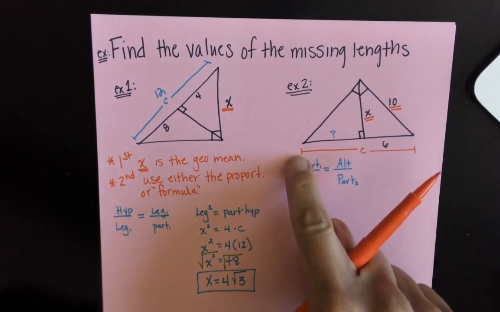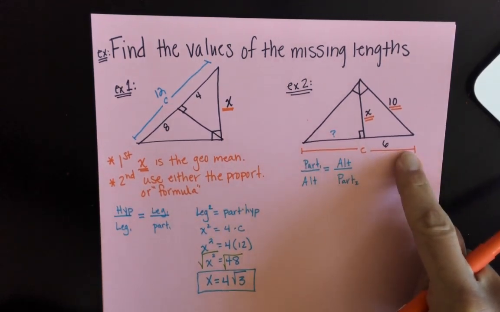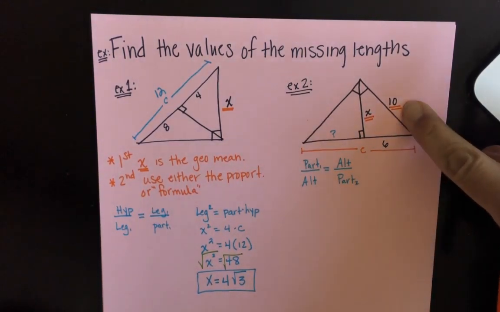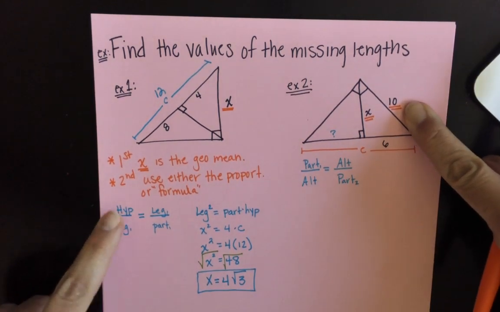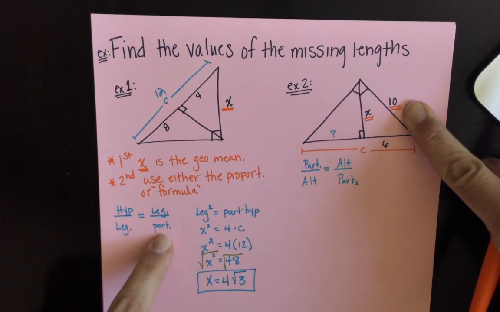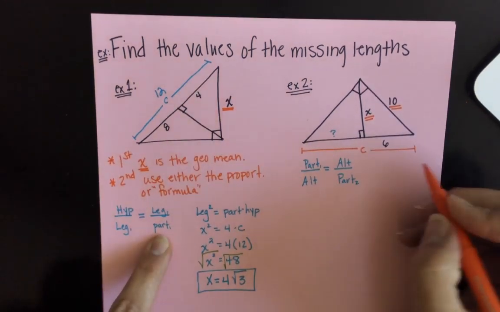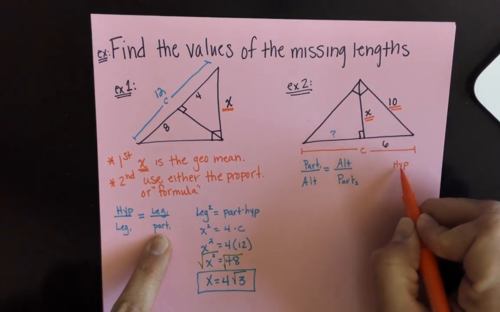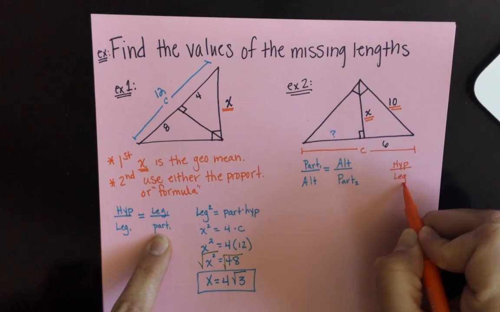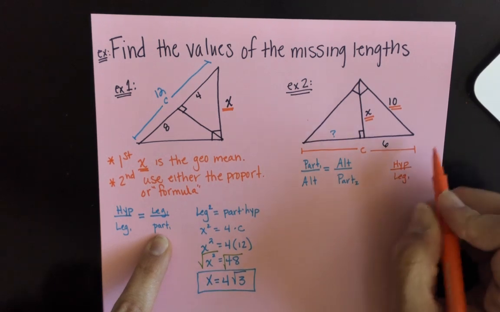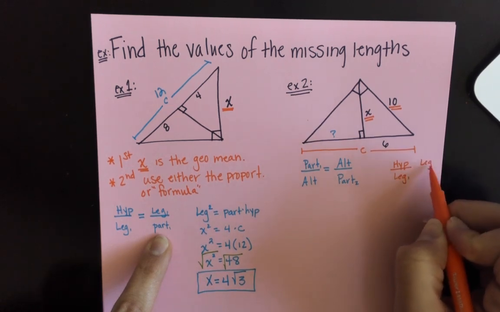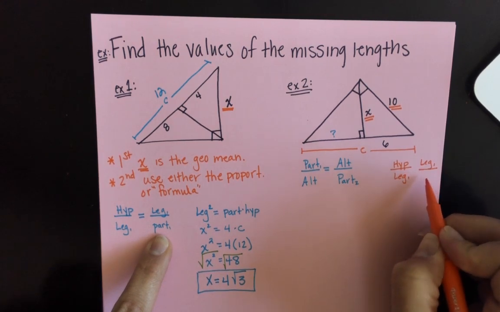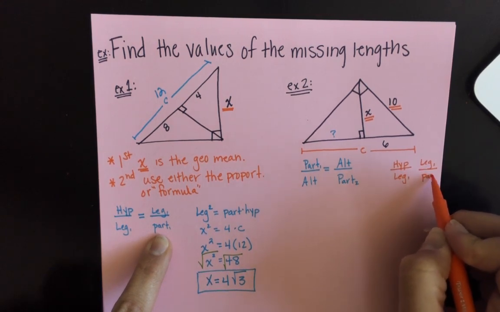So I need to account for the entire hypotenuse, because here's a leg, and we know over here, we just saw, leg needs hypotenuse and its adjacent part. So I will need to do the hypotenuse, leg, and its adjacent part.